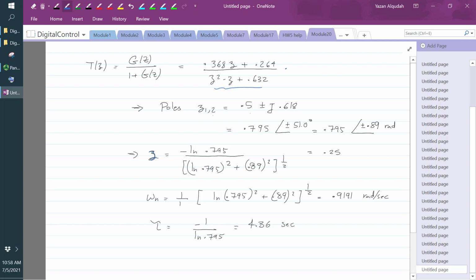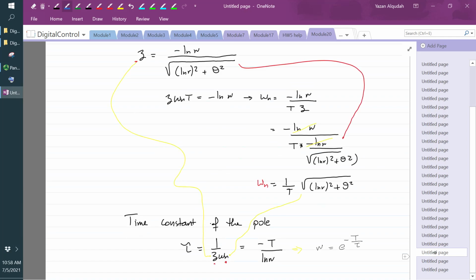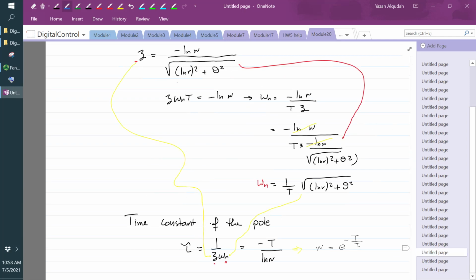Zeta, using the expression that we just derived, is going to equal negative natural log of the magnitude over natural log of the magnitude squared plus the phase squared, which is going to equal 0.25.